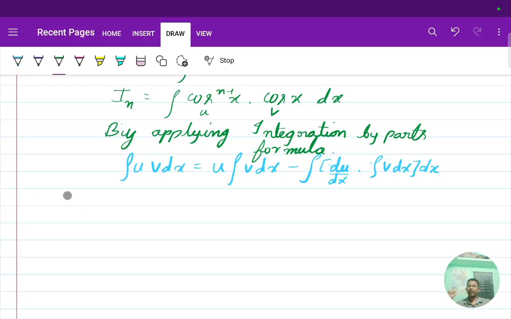Let us apply. I_n is equal to, integration of uv dx is equal to the integration by parts formula.